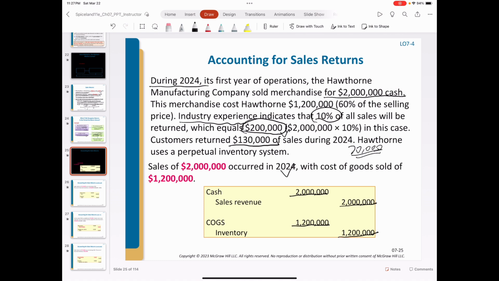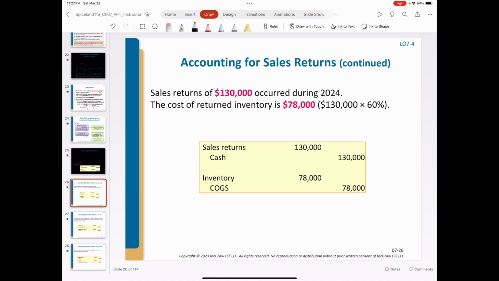Okay, so first we should account for the actual return, $130,000 in 2024. So we debit sales return and credit cash. Sales return, see, this is a debit. So this will reduce the sales revenue. Originally, we recorded $2 million sales.